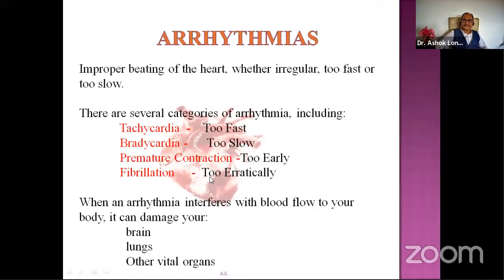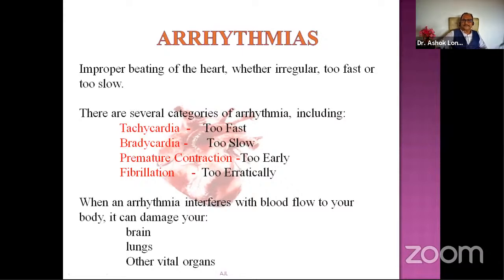There may be too early, premature contractions. On the ECG, you can see these premature ventricular beats, and fibrillation, which is too erratic. It is like a fibril, like a fiber.